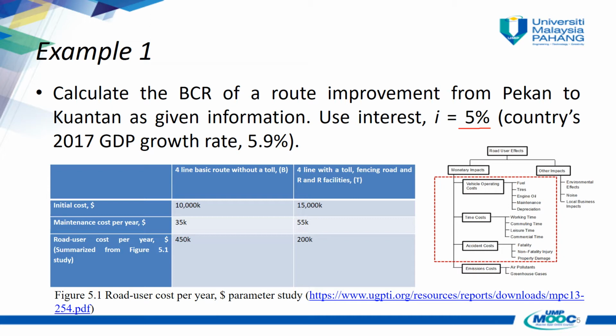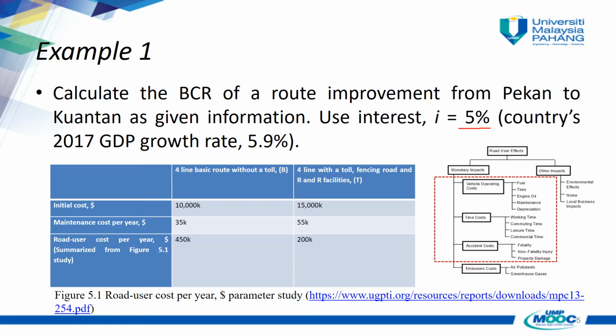And then we also have information from respected data collectors about the monetary impacts and other impacts of road user effects, regarding the vehicle operating cost, time cost, accident cost, and also emissions cost for road user effects.